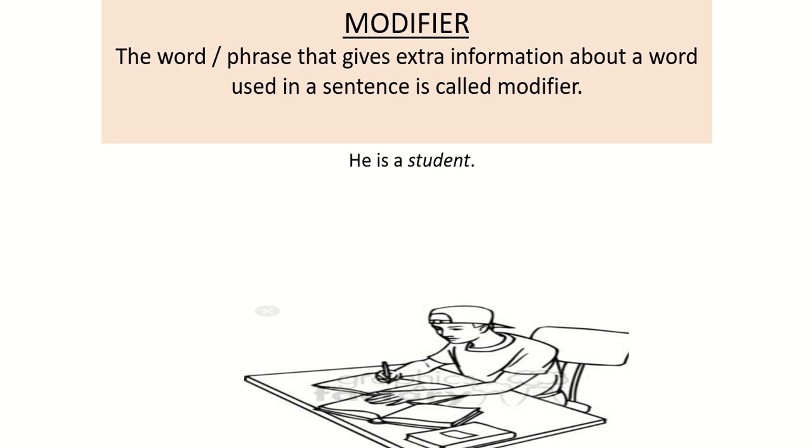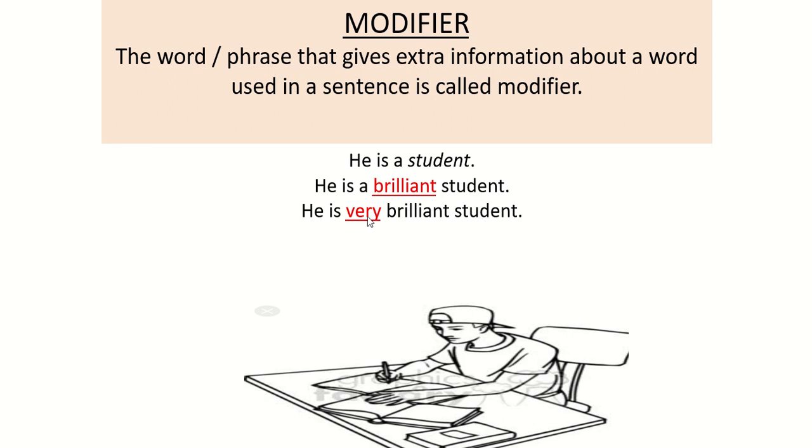If I want to give extra information about this noun, I can write, he is a brilliant student. That means this word brilliant gives extra information about this noun student. So if I want to give more information, I can write, he is a very brilliant student. How brilliant? Very.